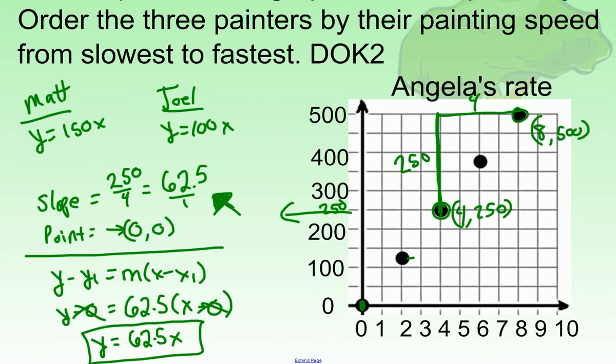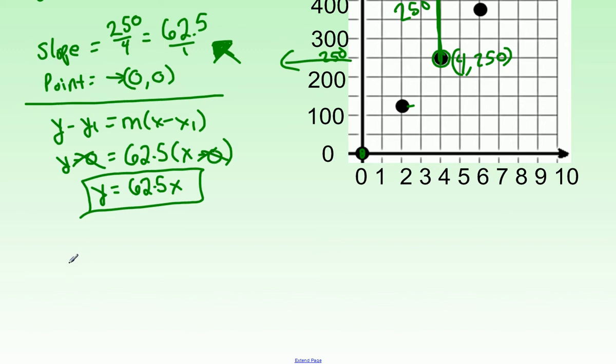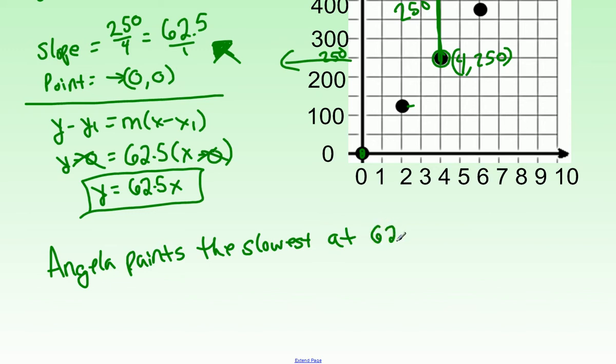So the question was, order the 3 painters by their painting speed from slowest to fastest. The slowest is Angela at 62.5 feet per hour.